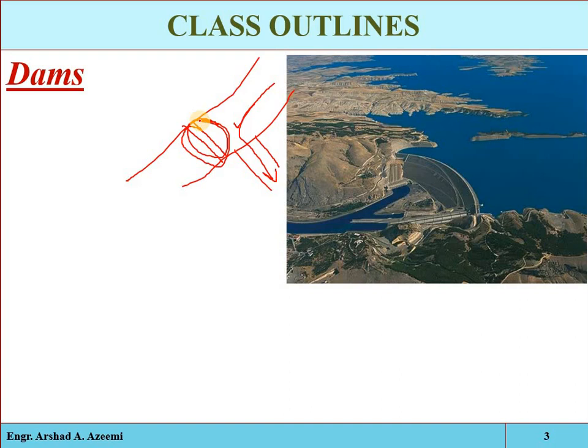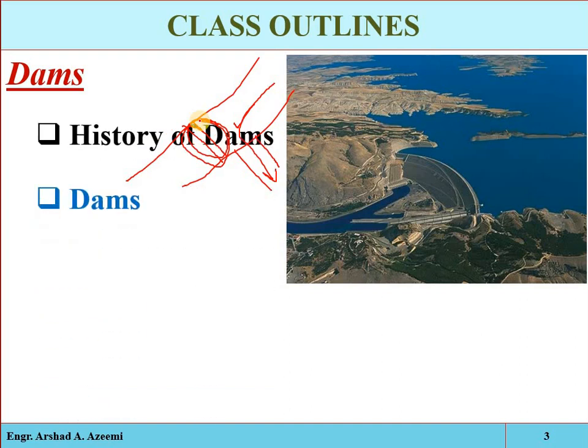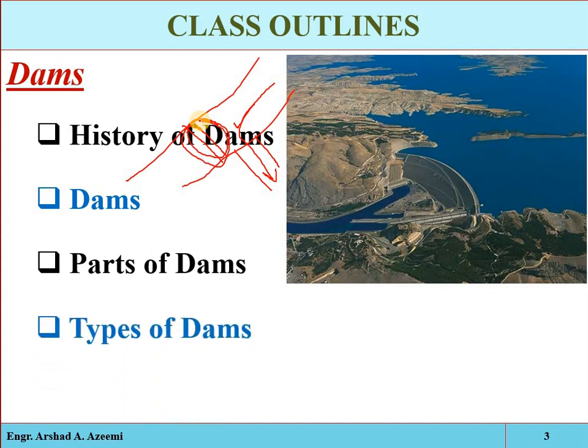In this lecture, first we will have a brief history and introduction about dams, and then we will discuss the uses and parts of the dam structure. Then we will mainly discuss the different types of dams. Remember, for any type of hydraulic structure, first it depends on the construction material, from which type of material you are constructing the structure. For example, dams: either you are constructing them from natural clay or natural rocks, or from cement, concrete or masonry.